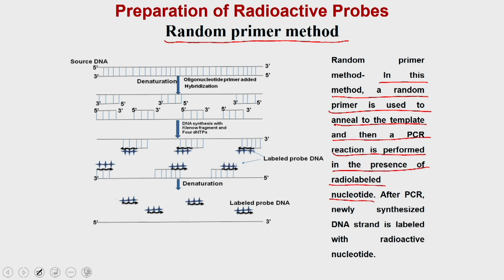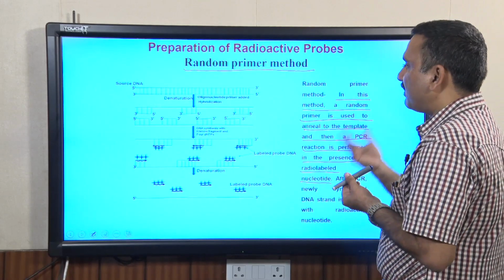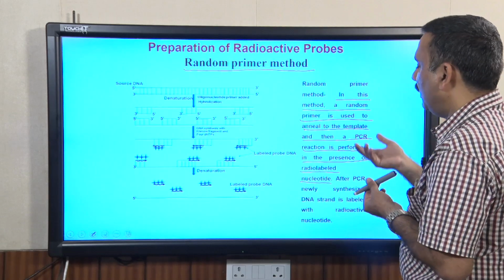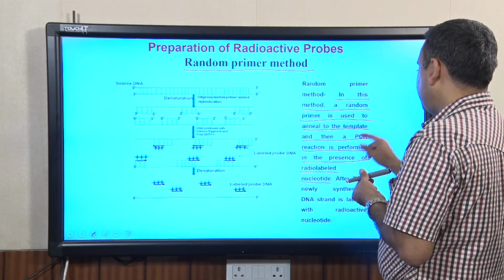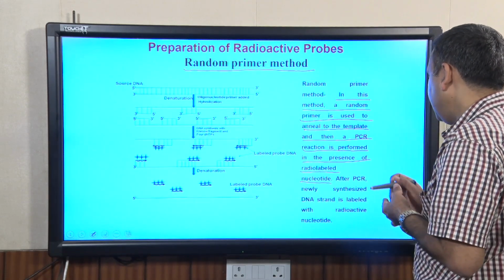Normally, when you do PCR, you use non-radioactive nucleotides, whereas in this case, for the gene or stretch of DNA which you want to use as a probe, you will put in a random primer and do the PCR in the presence of radiolabeled nucleotides.